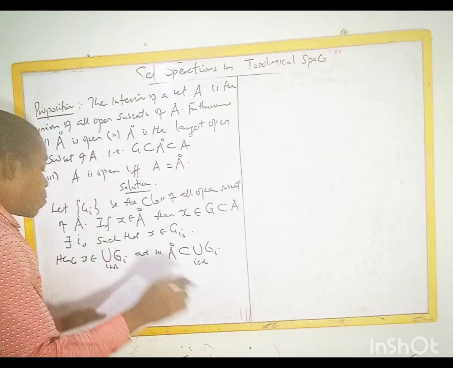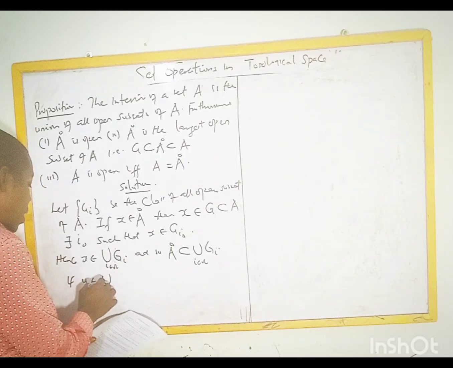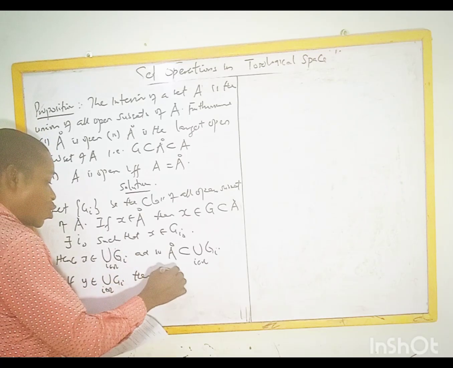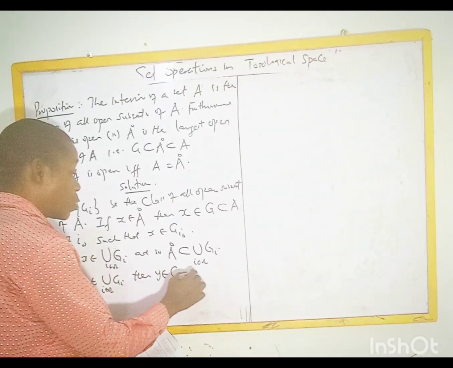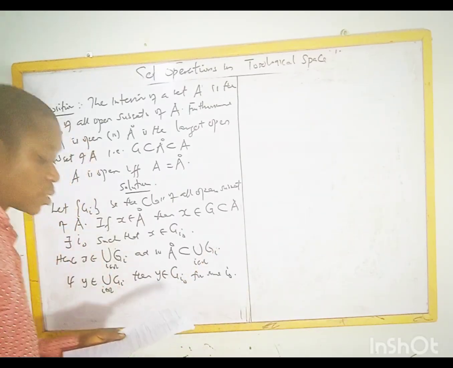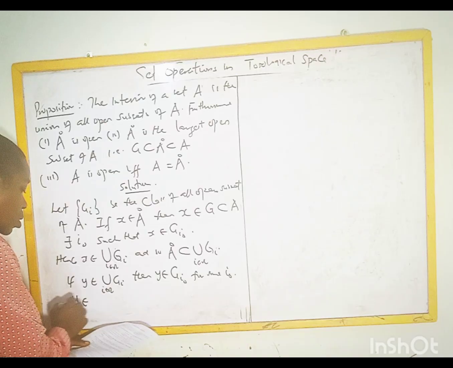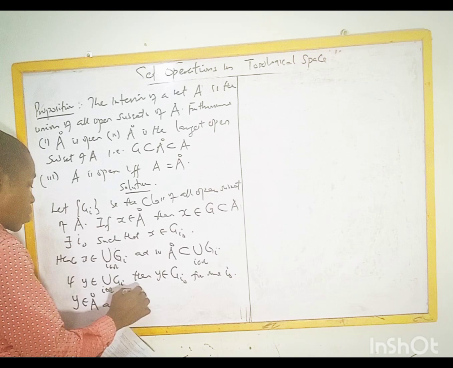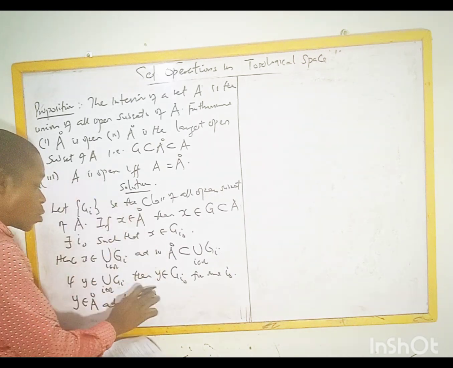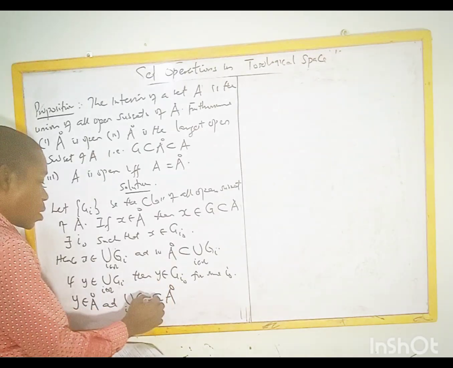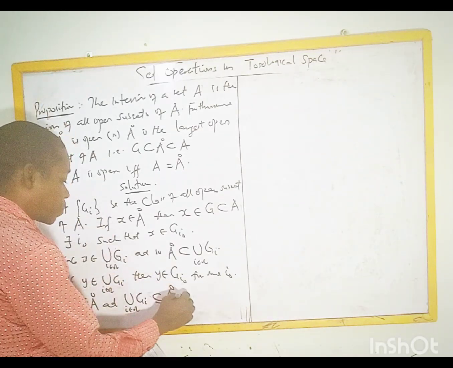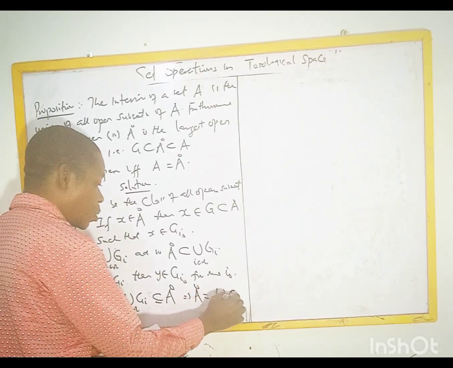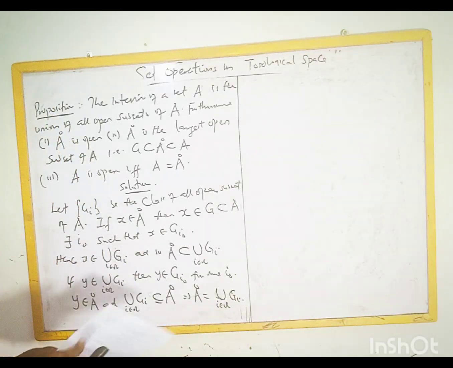On the other hand, if y belongs to the union over i in omega of G_i, then y belongs to G_i naught for some i naught. This implies that y belongs to the interior of A. So the union of G_i is also a subset of the interior of A, which implies that the interior of A is equal to the union of the G_i.